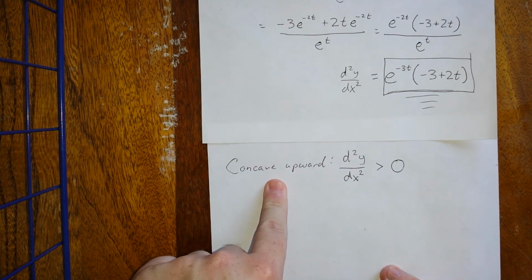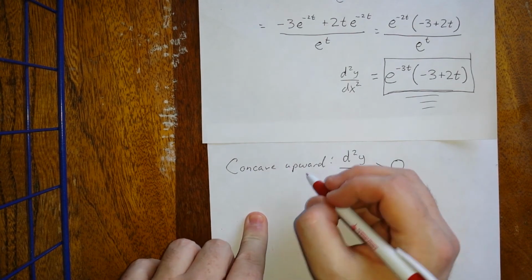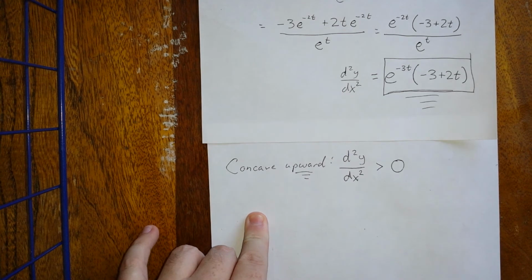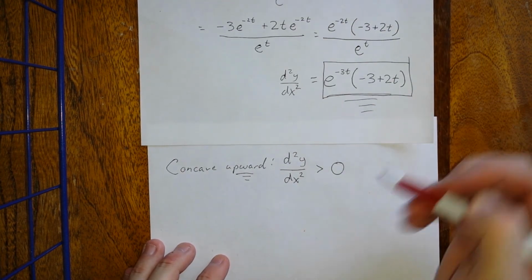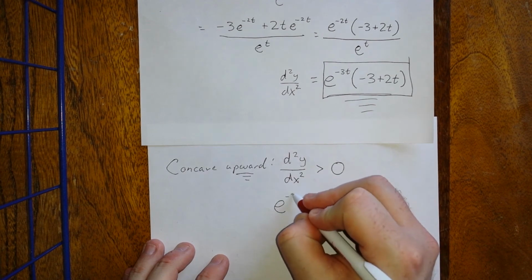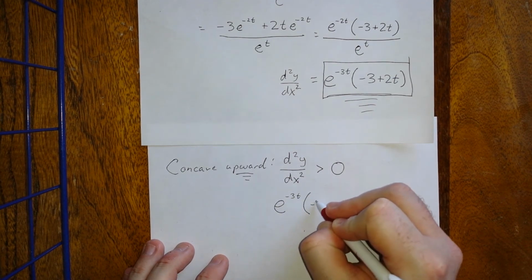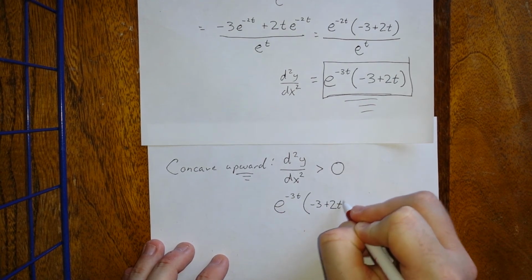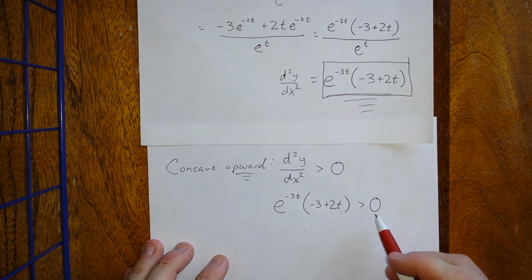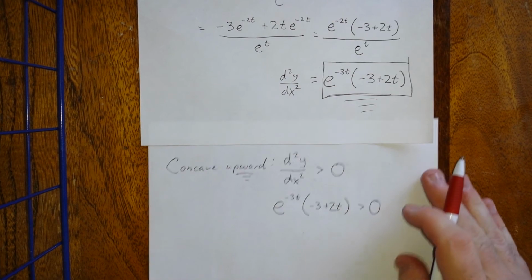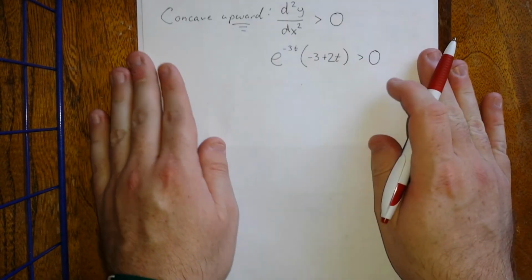For us, we want the second derivative to be positive because that's what defines concave upward. So, I'm going to grab my expression for the second derivative from up here. E to the negative 3t times negative 3 plus 2t is greater than 0. If we solve this inequality for t, we're going to have ourselves an answer.